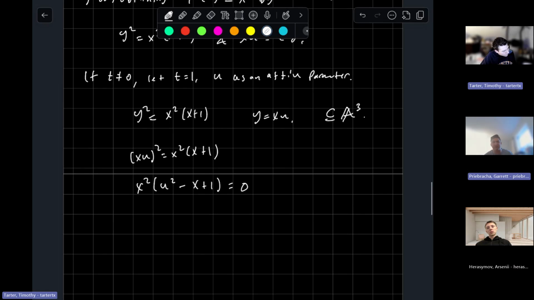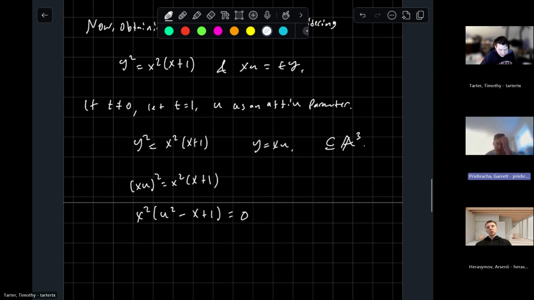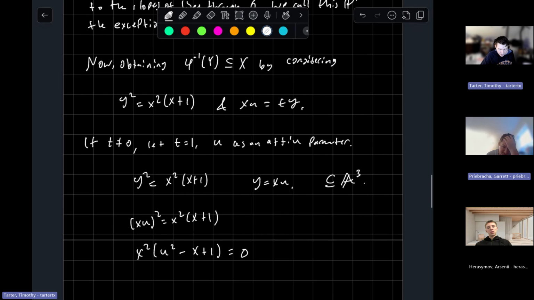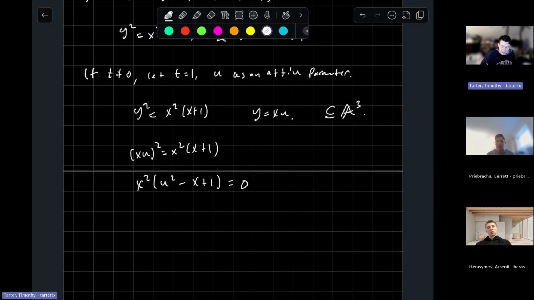Tim, could you write out the steps with how you got to x squared times u squared minus x plus 1? Oh, I subtracted, so it's x squared u squared minus x squared times x plus 1 equals 0. Thank you. That makes sense now.